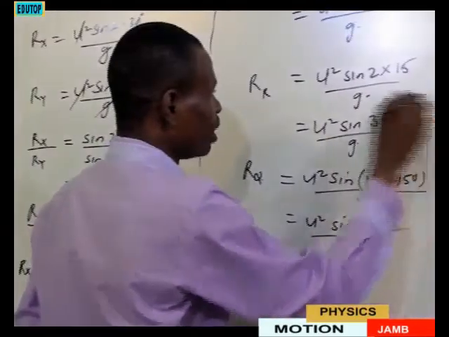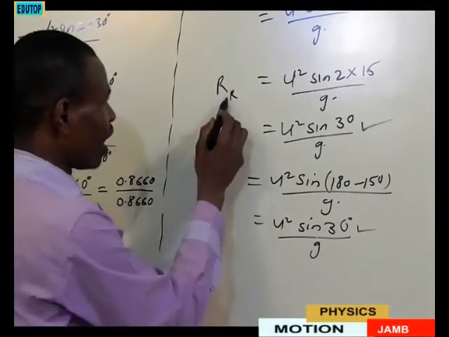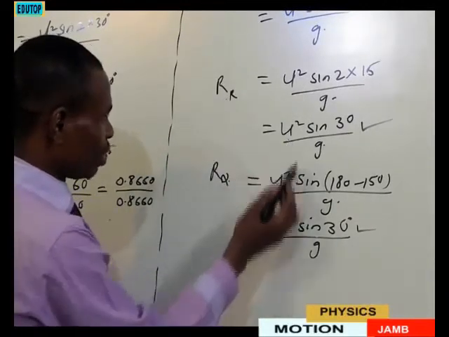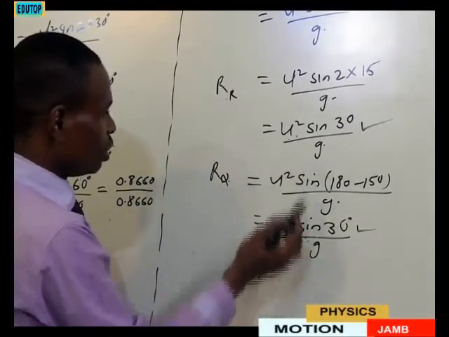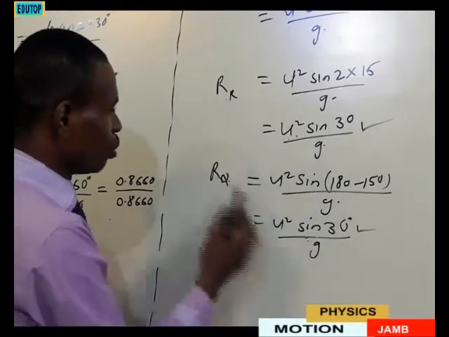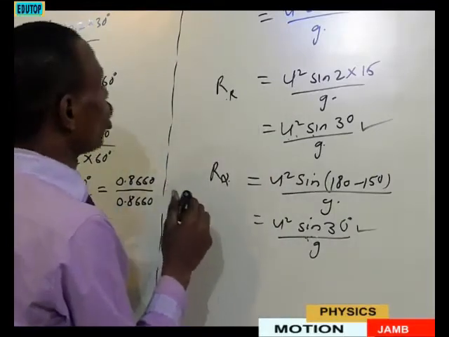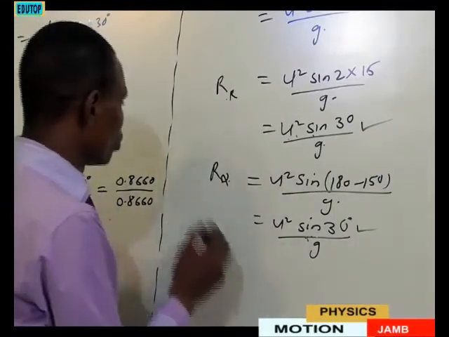If you look at this very well, they are the same. The ranges covered by the stones will be the same for both Q and R, and that's the answer to the question.